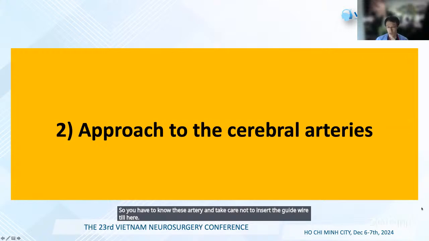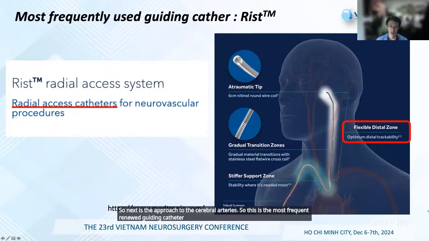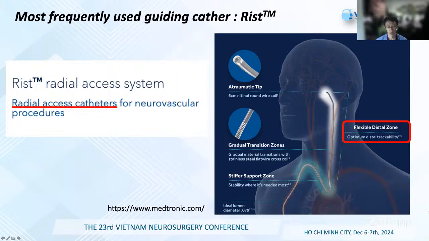Next is the approach to the cerebral arteries. This is the most frequently used guiding catheter in our hospital, called Wrist. It's sold by Medtronic, and it is made for radial access.